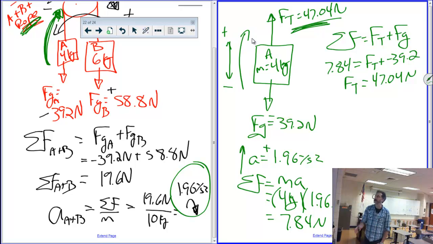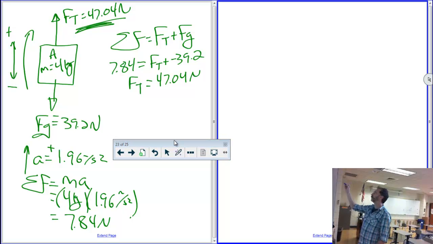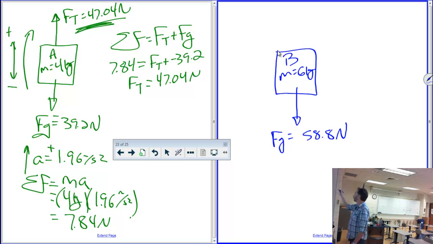All right, so finally, let's make a free body diagram for object B. For object B, it's basically the same process. You just got to watch your signs. So here's object B. It had a mass of 6 kilograms. Force of gravity on it is 58.8 newtons.